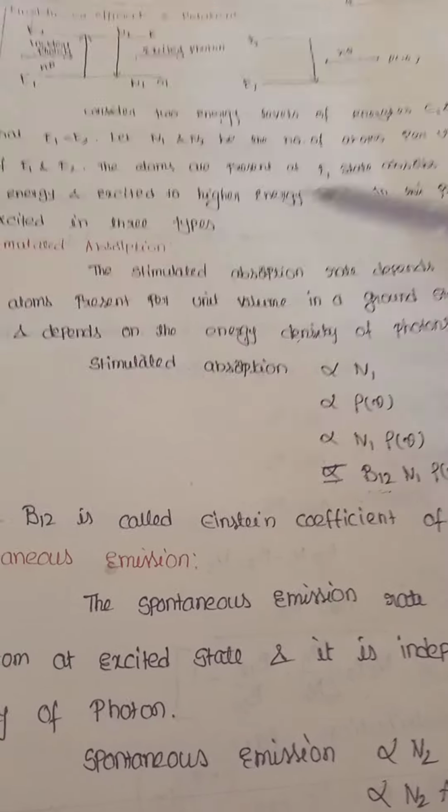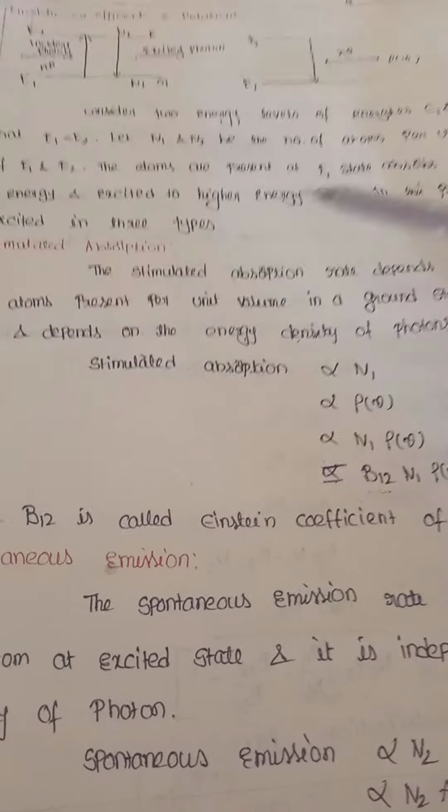So the stimulated emission is directly proportional to N2 and also rho of nu. It can be written as proportional to N2 and rho of nu, then equal to B21 N2 rho of nu, where B21 is called the Einstein coefficient of stimulated emission.